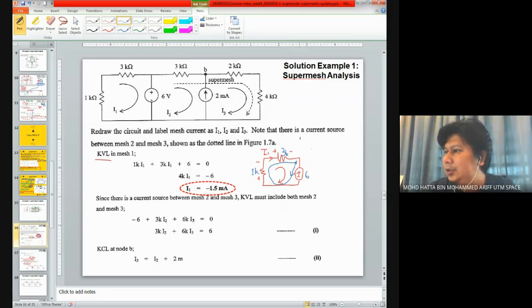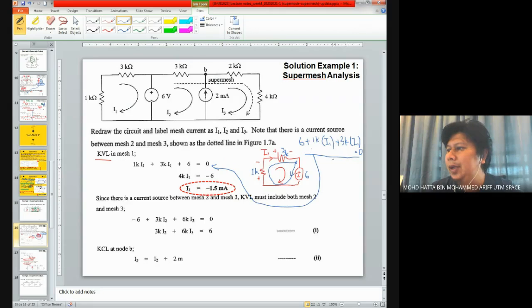I have 6 volts plus 1K times I1, and go on towards the next voltage drop, plus 3K times I1. And this equals 0. So this equation, basically, is the same equation you found over here.